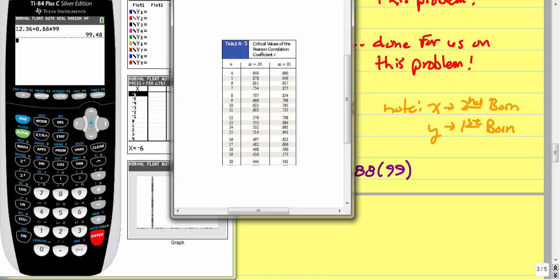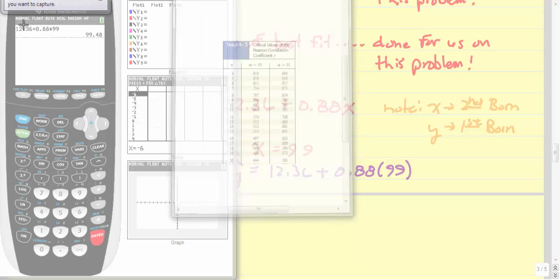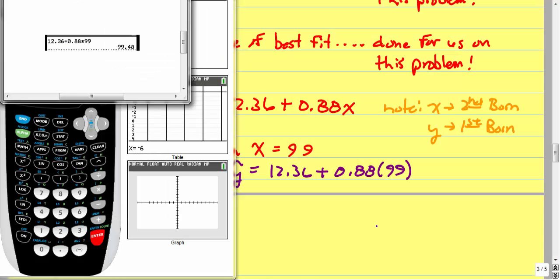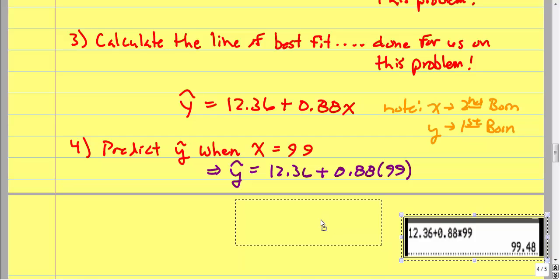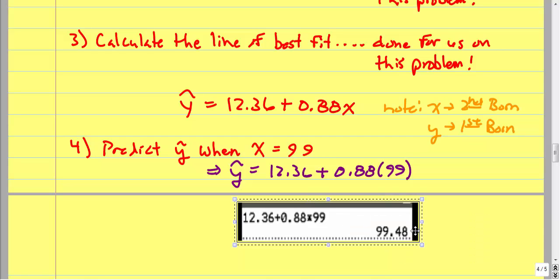If you think about what our data is, they're all right around 100, so that seems like a reasonable prediction. If we had gotten something like 482 for the predicted IQ, then we might want to wonder. We always have to be careful about rounding appropriately, because a lot of times they'll say round to one place or two places, so make sure you're reading those directions. But basically I predict 99.48.